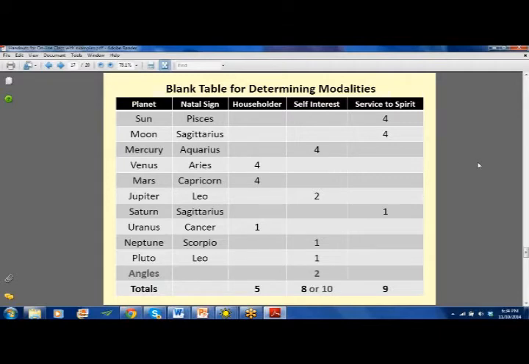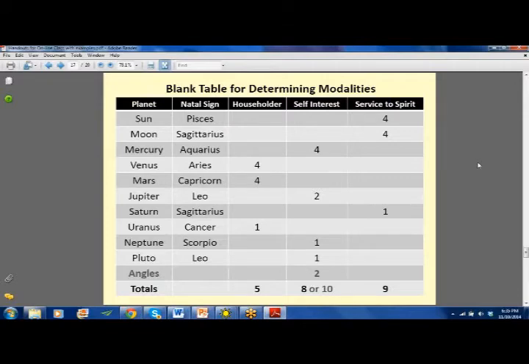I hope that seems clear. Self-interest, I also like to call self-exploration. And so these are the signs that have to do with the focus on the self. And if you listen to the video, I go through each one of the signs, why it is focused on the exploration of self, the experience of pleasure, Taurus, intimacy, receivership. Scorpio is about aliveness and life force energy and experiencing the greatest amount of intensity and aliveness for its own sake.